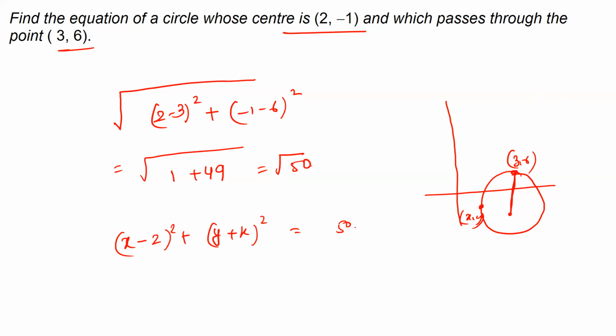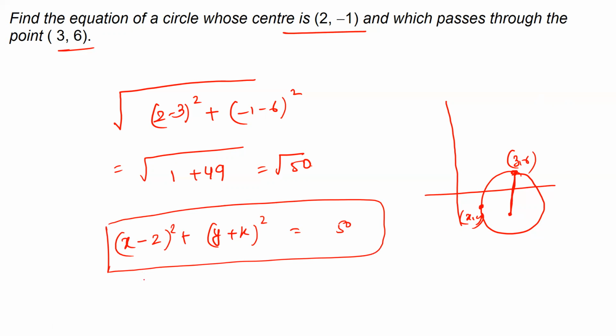So I am removing this root and that's it. Root 50 the squared is 50. So this is the equation of the required circle. Also, if you want, you can open up the squares and further simplify. This will not be k, this will be 1. You can open up the squares and simplify and take the constants on one side, but you can also keep it as is as well.